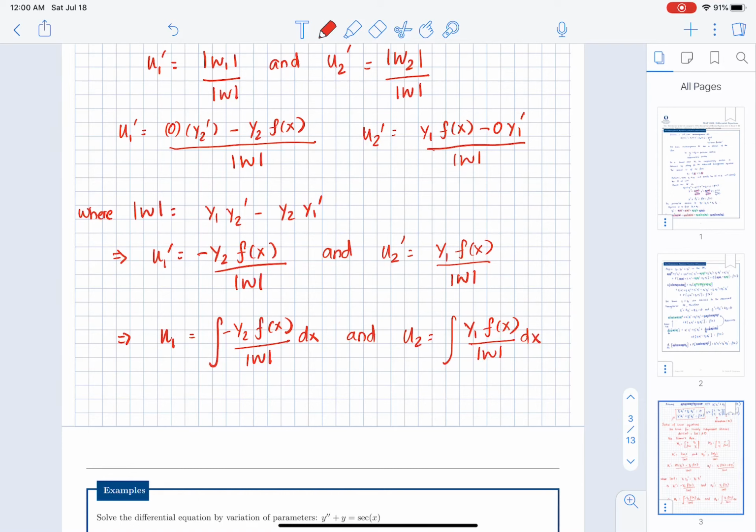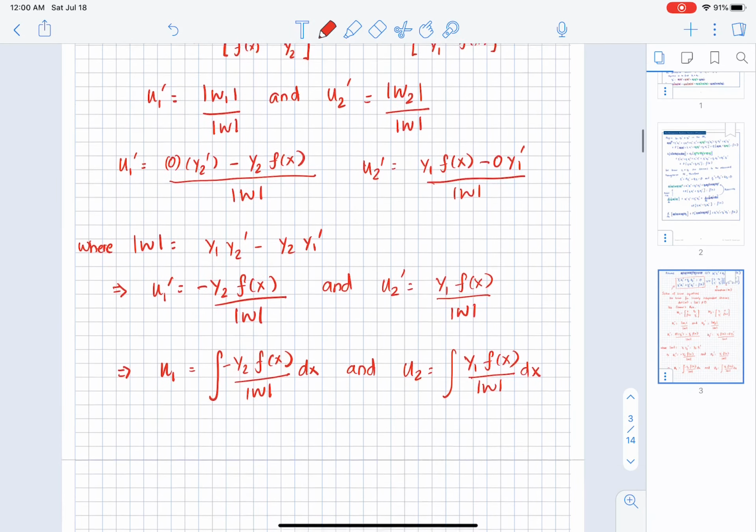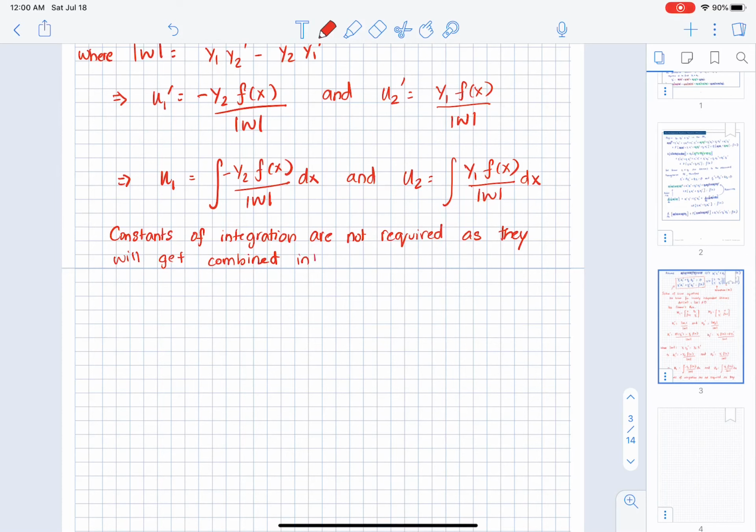Now, the key thing to notice here is that when we integrate, of course, we would have integration constants. We don't need those constants of integration, as they will get combined into the constants in yc.